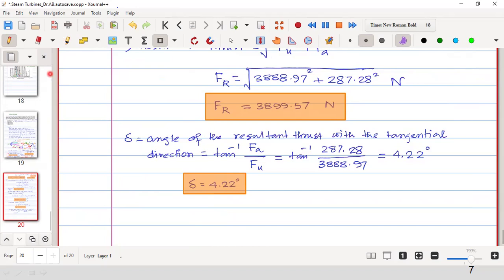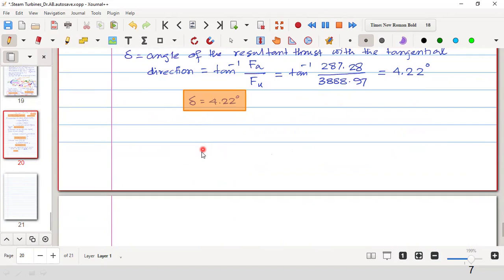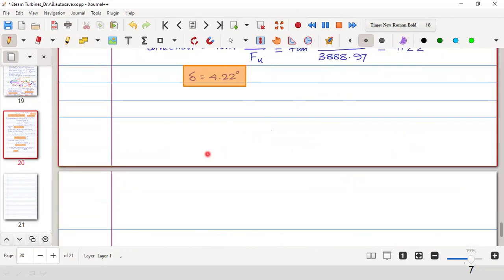Next is the power developed. Power developed, and that is the fourth calculation.